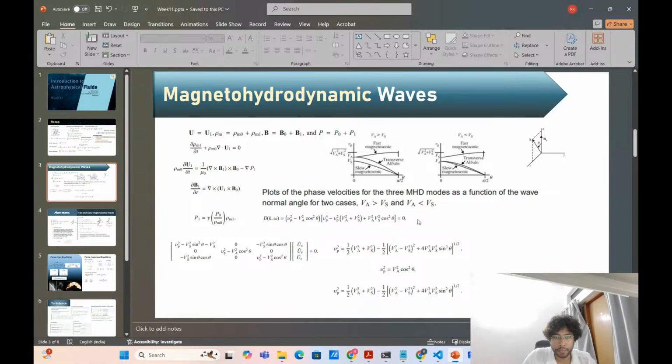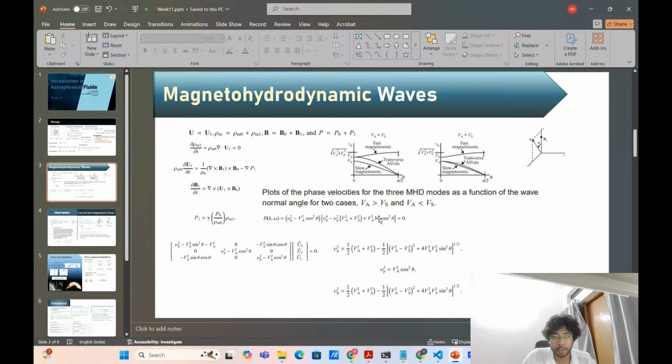And from there, if you see, we have an equation which can be factored like this. And so we have either this term is 0 or this term is 0, right? And this is actually a third order equation in Vp square. And so you have three roots of Vp square. Okay. So the first root comes from this term, which is this solution, right?